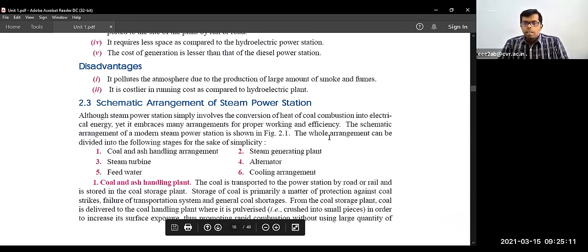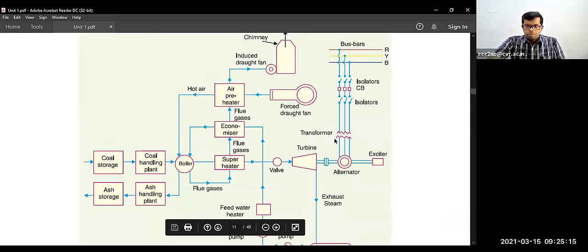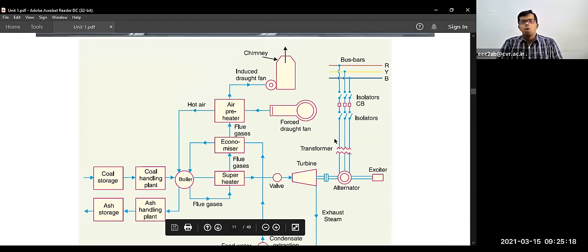As I already discussed, this steam power station needs more workers for operation. Running a steam power plant is not at all an easy task, like simply running a generator where one or two people are enough.